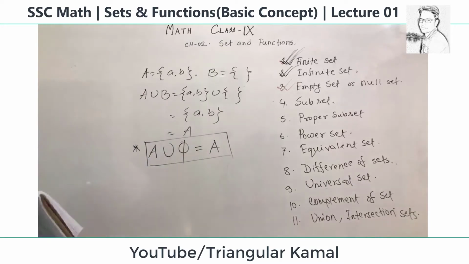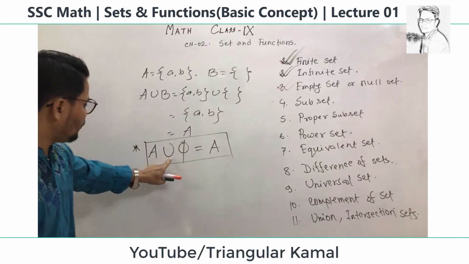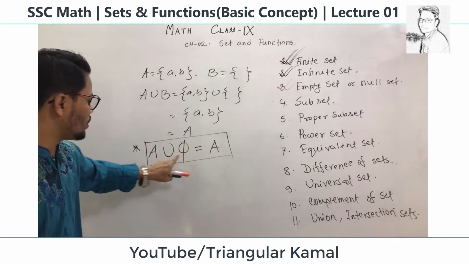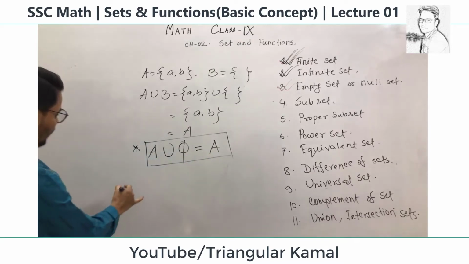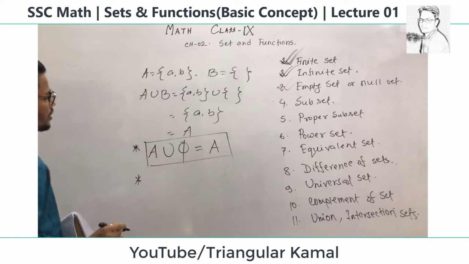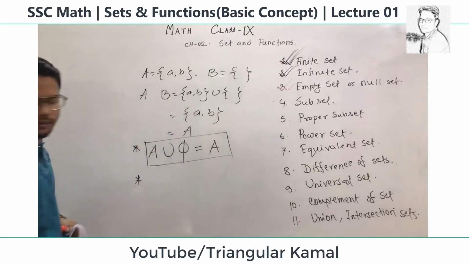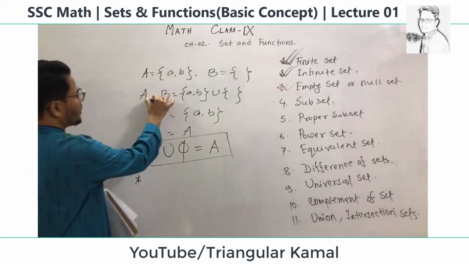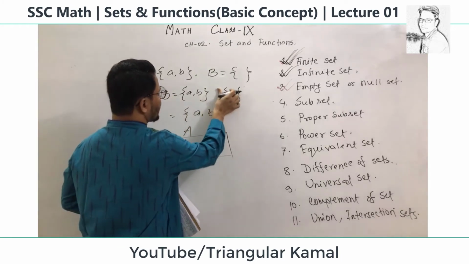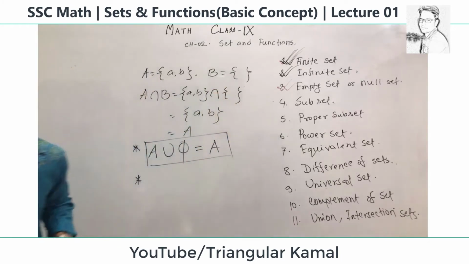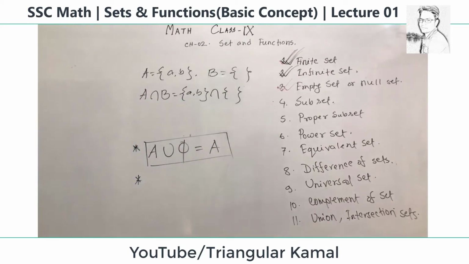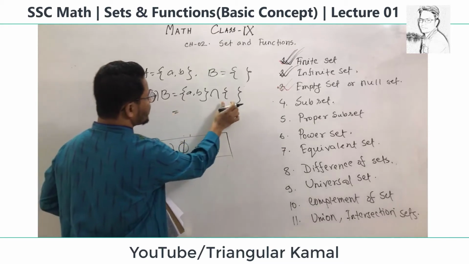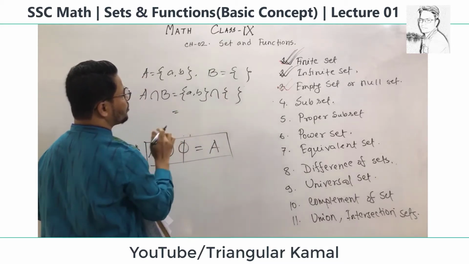You can memorize that if we find the union of any set with the empty set, the result will be this set. But if we find the intersection, what will be the result here? Intersection indicates the common elements in both sets.